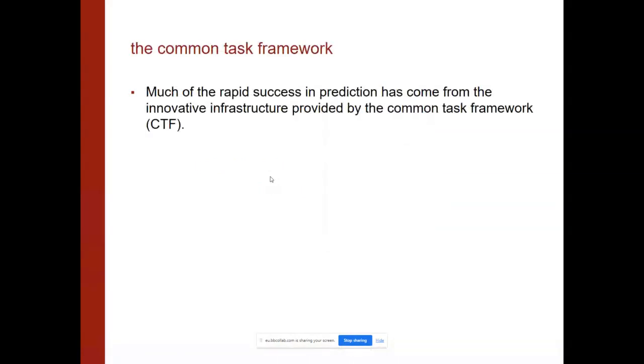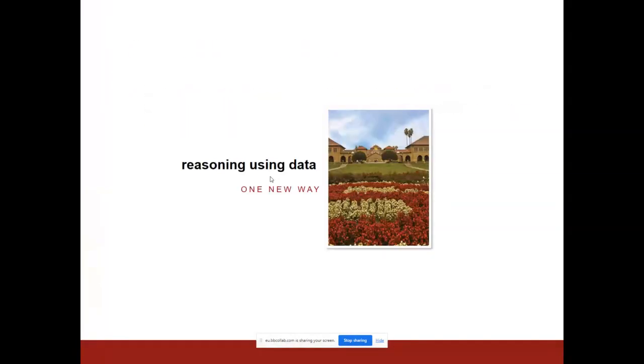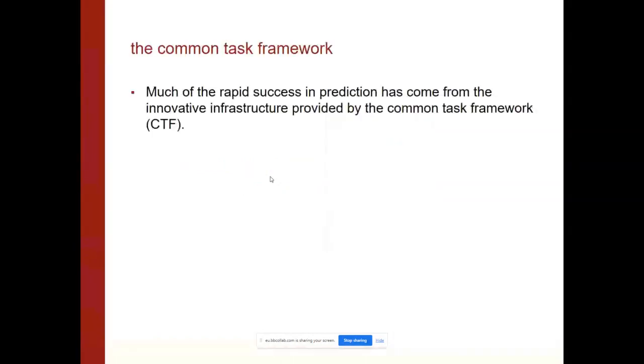Okay, thanks. So I'm going to talk about outcome reasoning now, this third form of reasoning that Mike was earlier talking about. So a little bit of background about the common task framework first. Much of the rapid success that we see in machine learning came from this infrastructure provided by the common task framework.